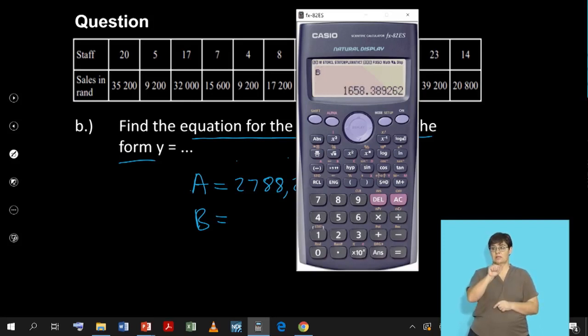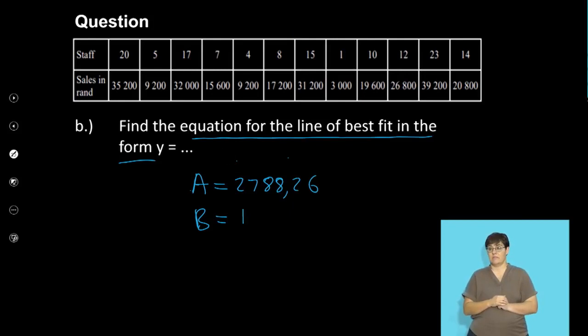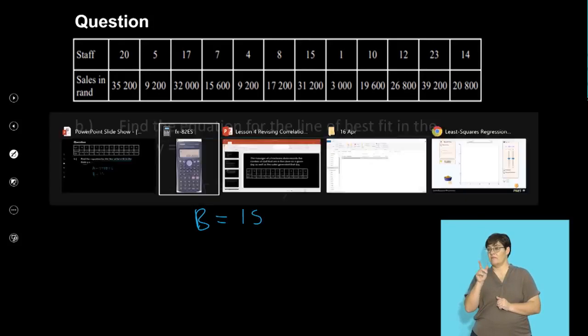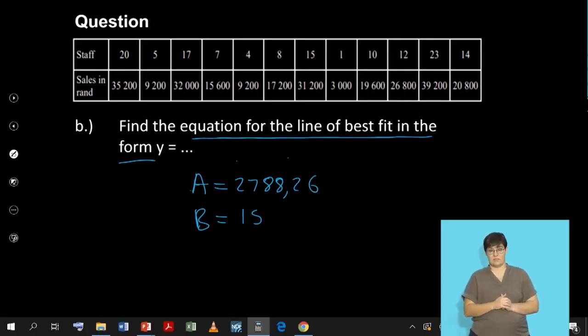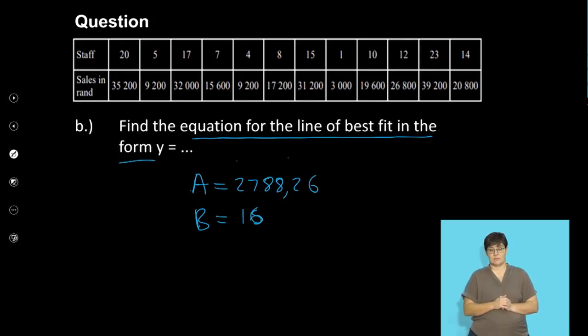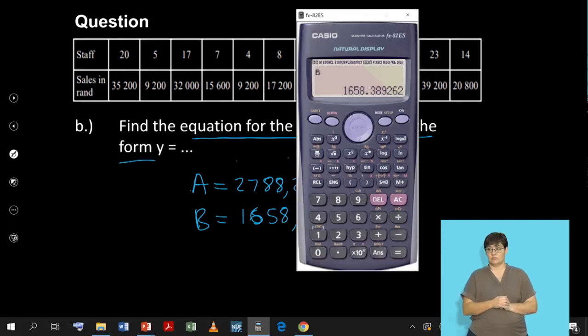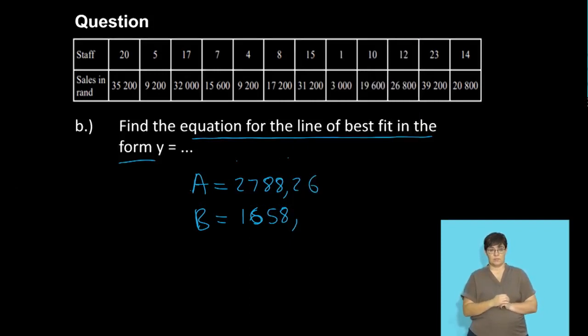There's my B value, which is 165.839. 165.839, which is 165.84 if we round to 2 decimal places.